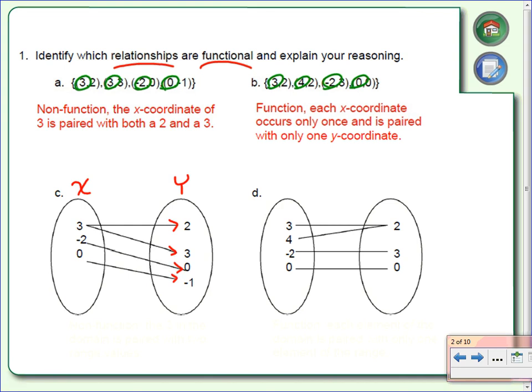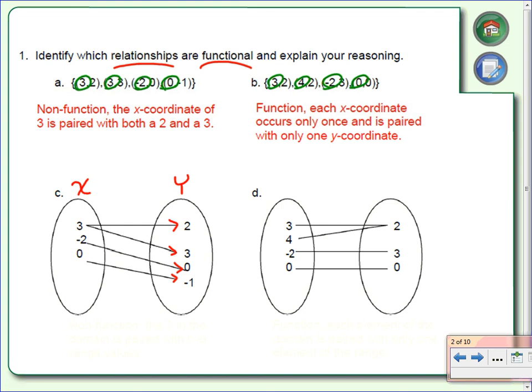So what we're saying here is this 3 goes with 2, which means we have the ordered pair 3, 2. You'll notice that the 3 also points to the other 3, meaning we have the ordered pair 3, 3. Negative 2 points to 0, and 0 points to negative 1. So all this is telling us is what the ordered pairs are.